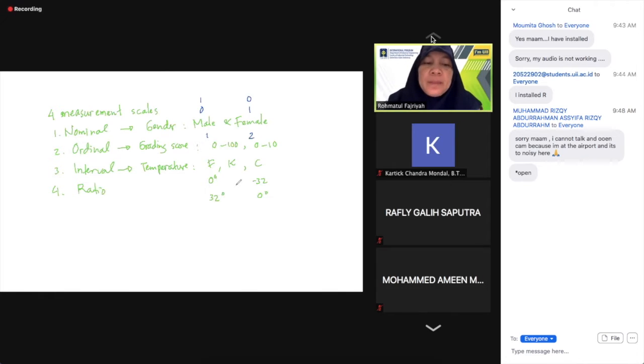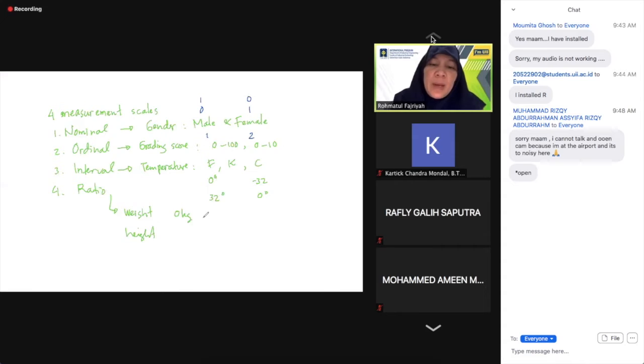In ratio, you can say, for example, the weight of someone or the height of someone. If I say this is 0 kilograms, then we have no weight at all.